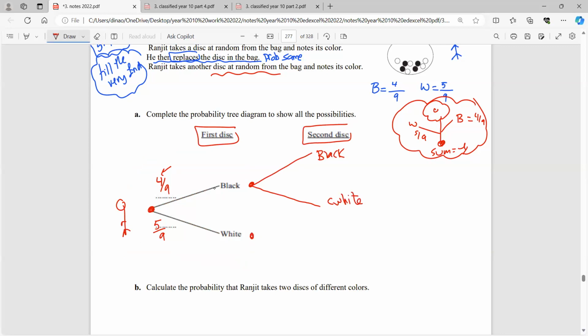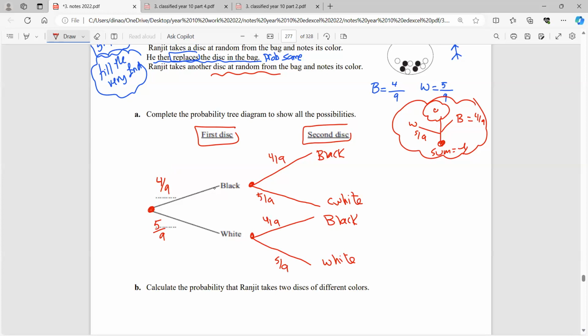And here I will create another tree with the same colors, black and white. Are the numbers here all 4/9 and 5/9? Yes, all of the numbers are 4/9 and 5/9. So on all the black branches, I would write 4/9, and all the white branches, I would write 5/9.